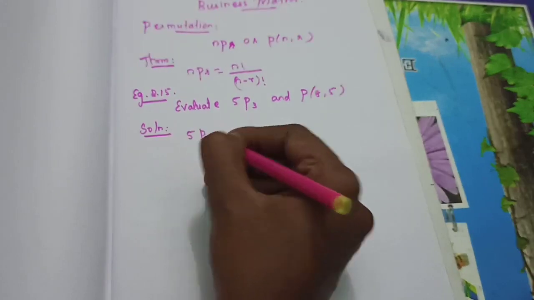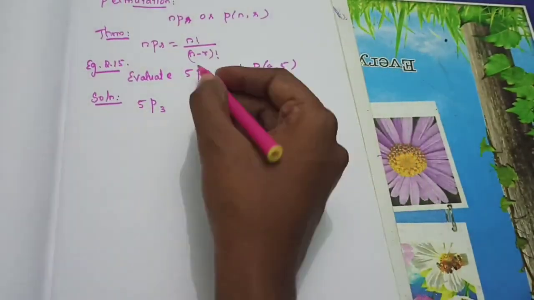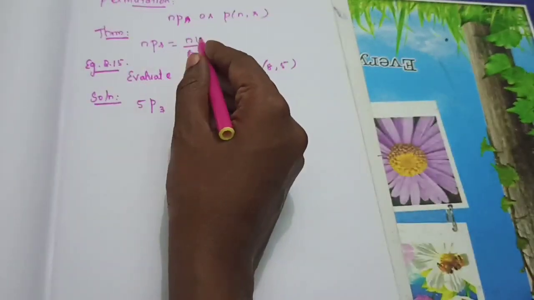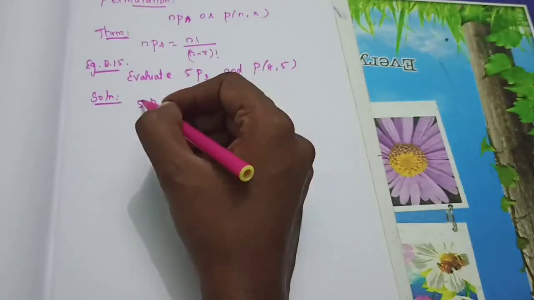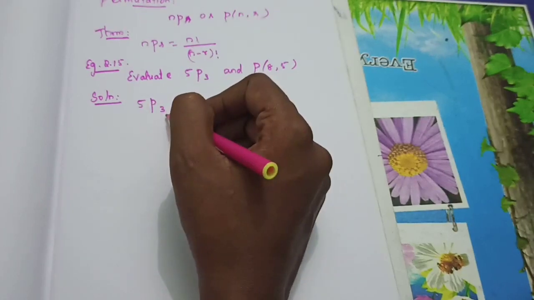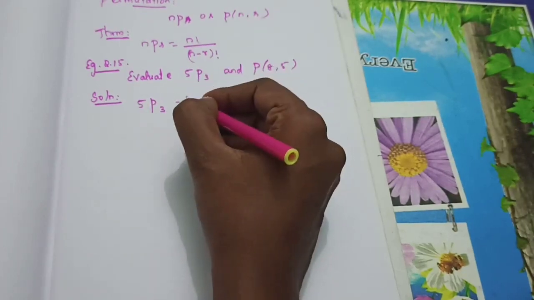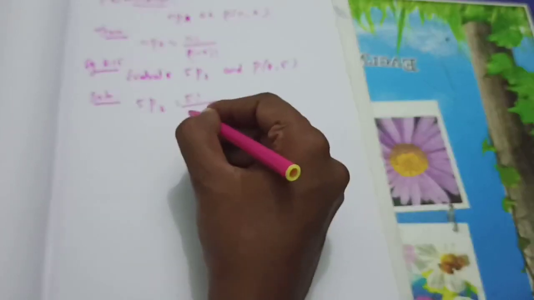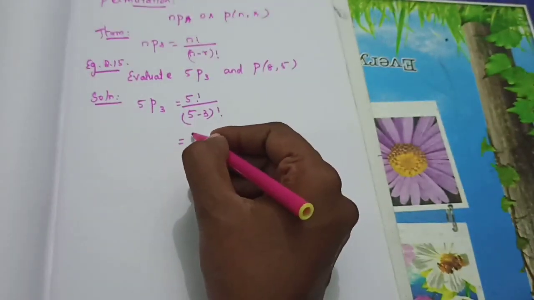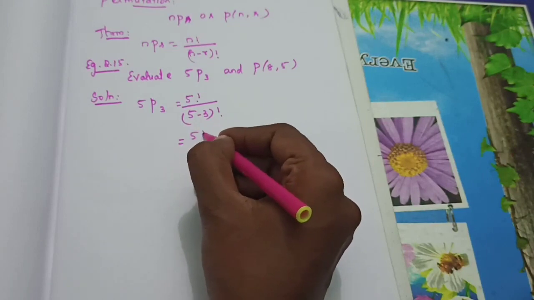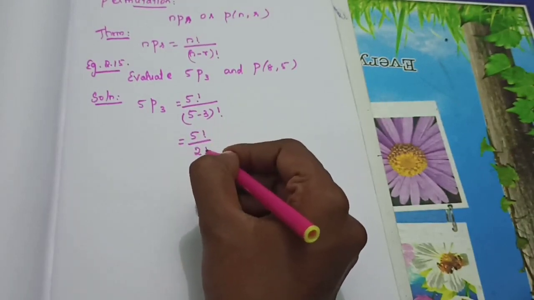First, shall we find 5P3? What's the formula for nPr? n factorial divided by (n minus r) the whole factorial. Here what's the n value? 5. r is 3. Shall we substitute? 5 factorial divided by (5 minus 3) whole factorial, that's equal to 5 factorial divided by 2 factorial.